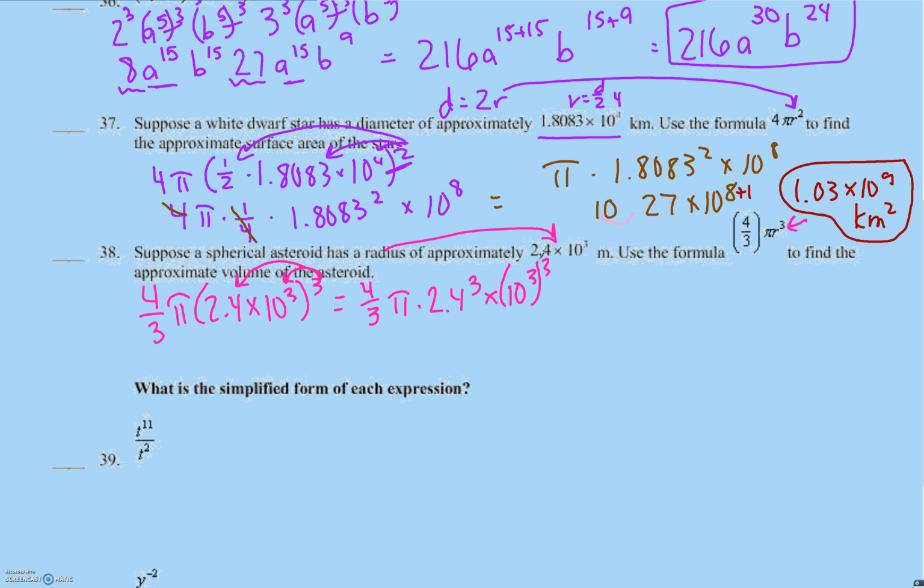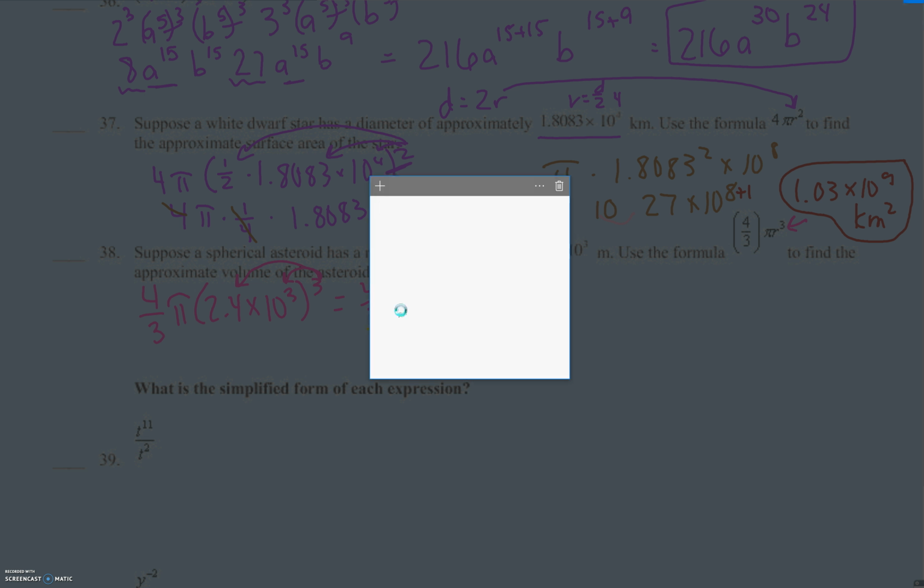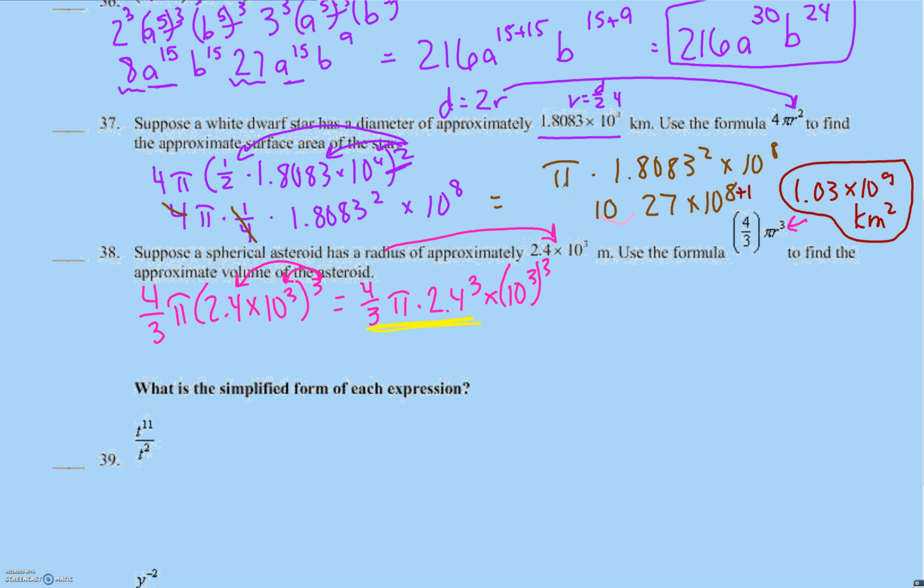We can multiply our number parts, so I'm going to multiply all of our numbers and leave my power there, 10 to the 3rd power to the 3rd power. So for now, I'm just going to take 4/3 times pi times 2.4 raised to the 3rd power.